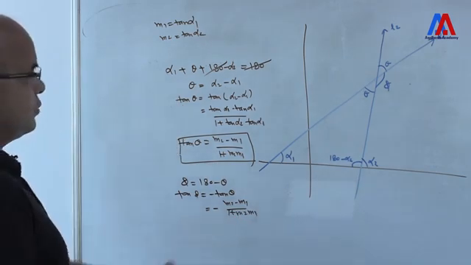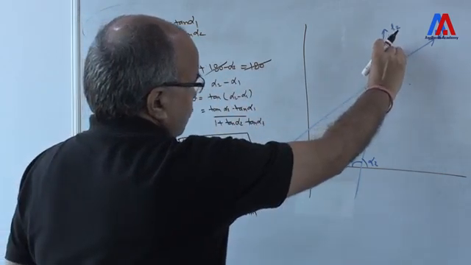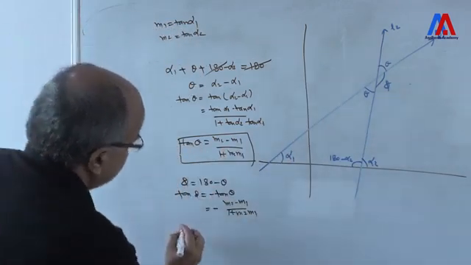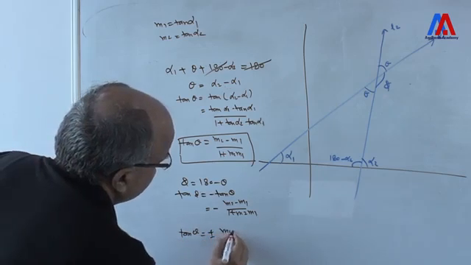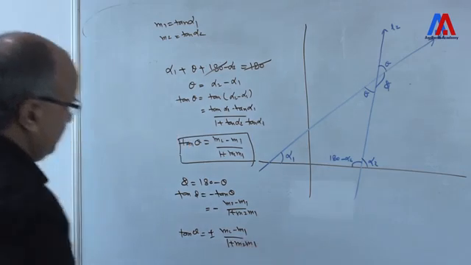So there are always two angles which are subtended. One is an acute angle, the other is an obtuse angle, and the value of tan theta can in general be written as plus minus (m2 minus m1) divided by (1 plus m2 m1).